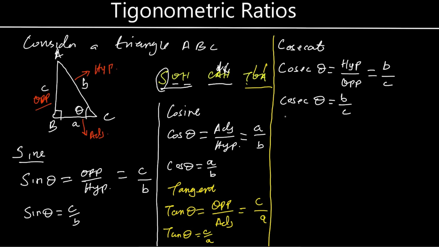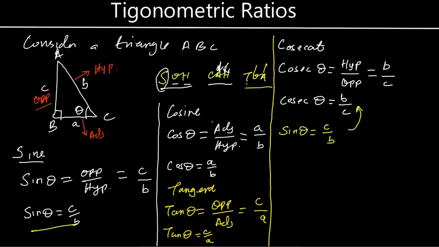Again, if we look at our sine, we had said that sine theta from this one here is C divided by B. And if we compare it with cosec, we are seeing that it is simply a reciprocal of the other.